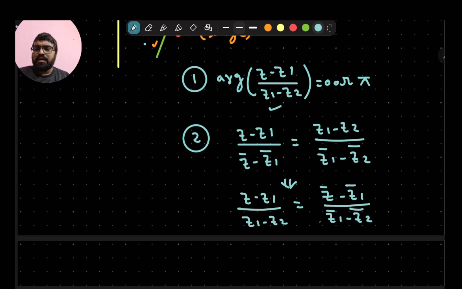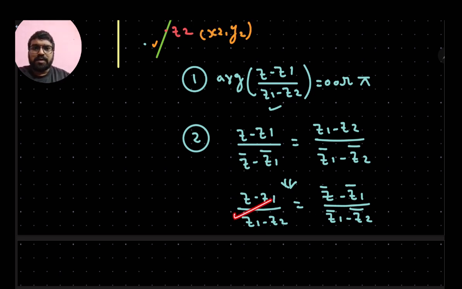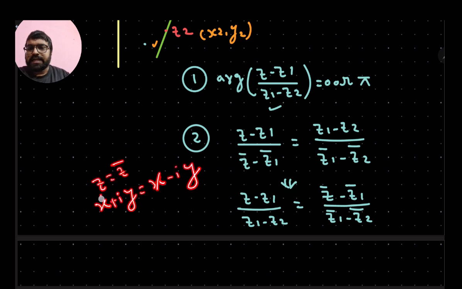So it simply means that this particular complex number is real, because z is equal to z bar. You can simply consider, if I am talking about x plus iota y equal to x minus iota y, this will get cancelled out and you will have y equal to 0.